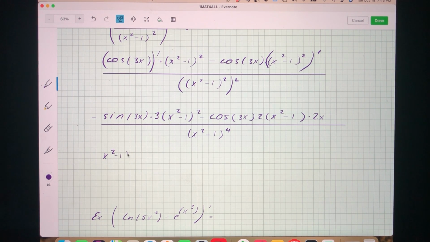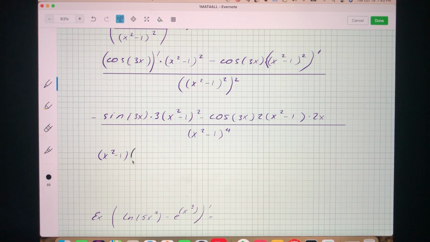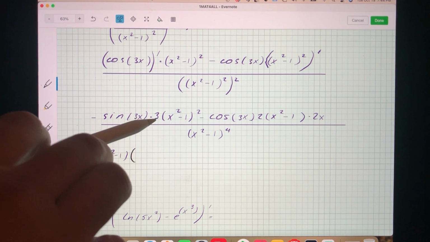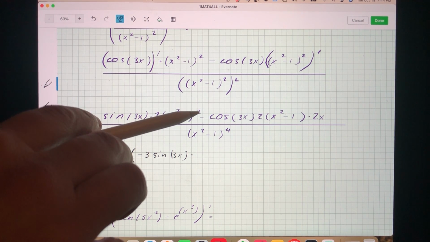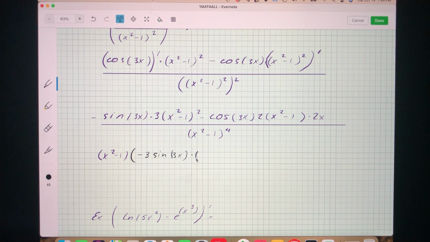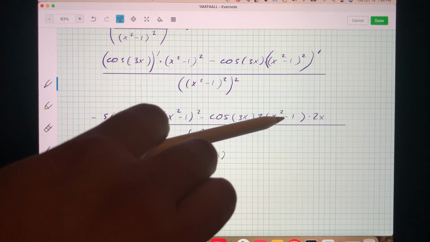X squared minus 1, which leaves me with, on the inside, negative and then 3 sine. So negative 3 sine 3x times, I had 2 of those x squared minus 1 terms, and I took out 1. So there is still one more term of x squared minus 1 left. Now on the second term, there is only one term like this, x squared minus 1.